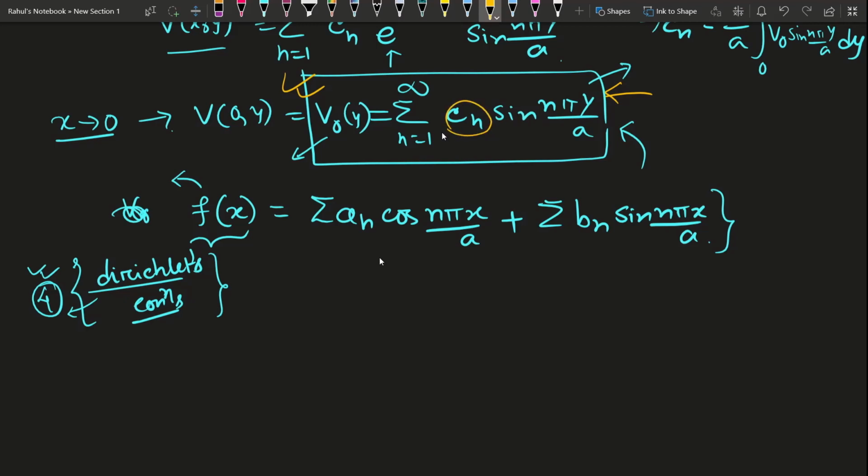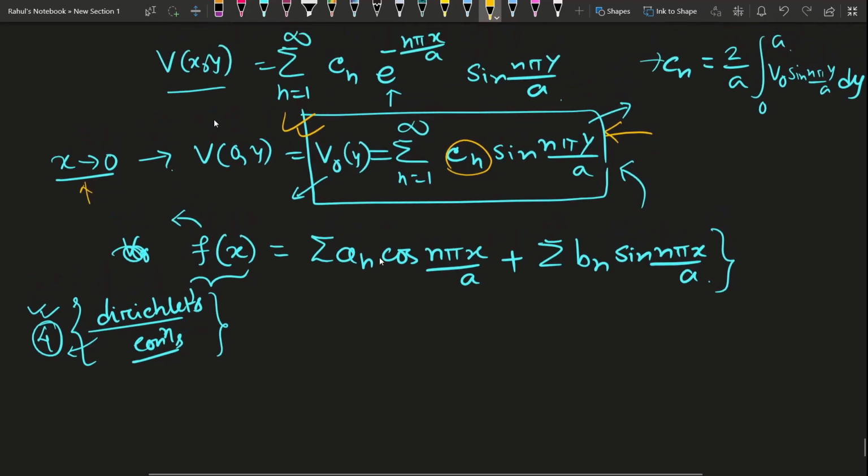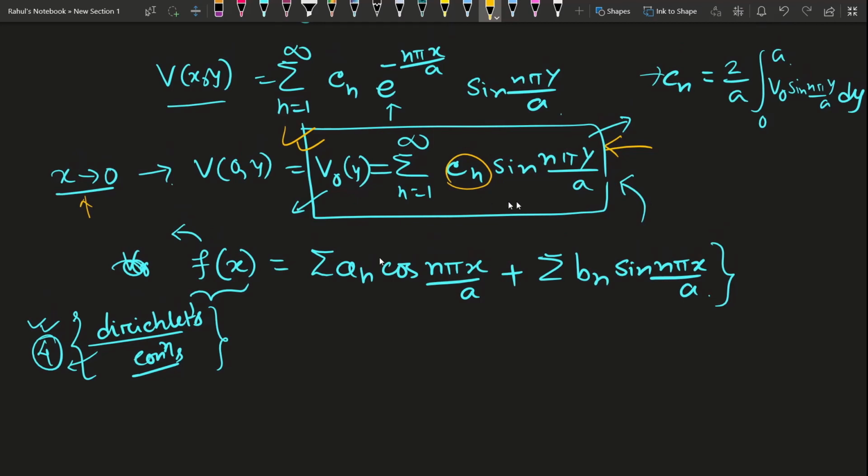The problem before was that the boundary condition at x tends to 0 was not equal to v naught, right? But that is now overcome due to this Fourier series.